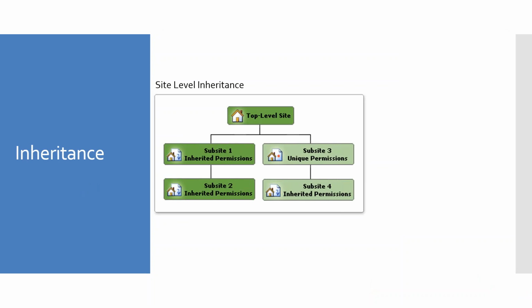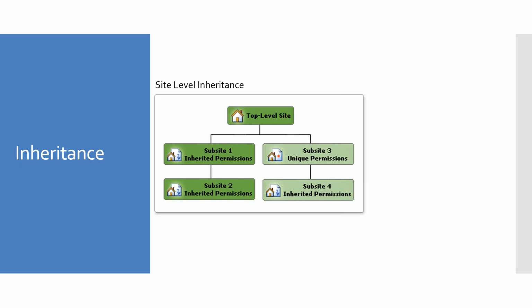So the very top level site contains an access control list full of people that are assigned permissions, known as role assignments. Subsite 1 is inheriting permissions from the top level site. Subsite 2 is inheriting permissions from subsite 1. However, subsite 3 has unique permissions. It's a different color green. It's got another access control list, and subsite 4 is inheriting that access control list from subsite 3.